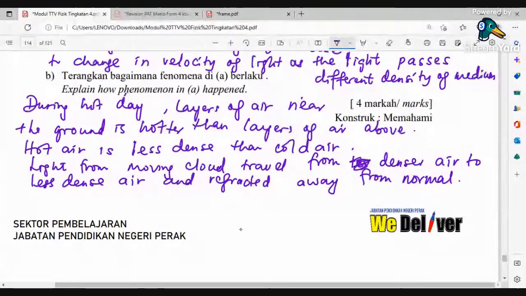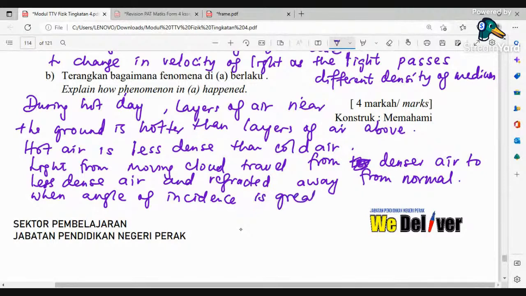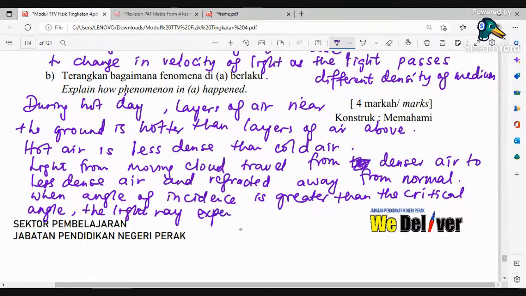Okay. When angle of incidence is greater than the critical angle, the light ray experience total internal reflection.